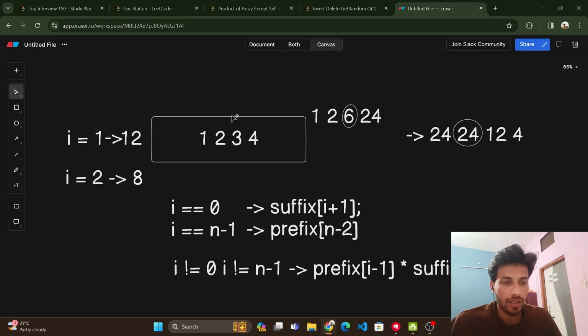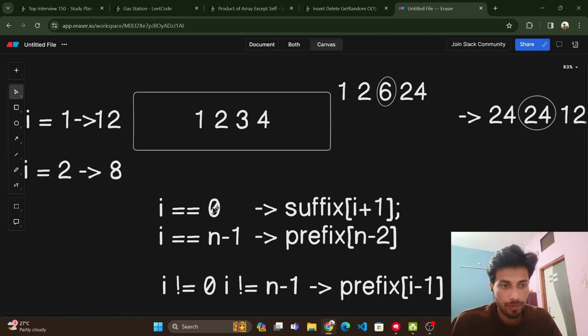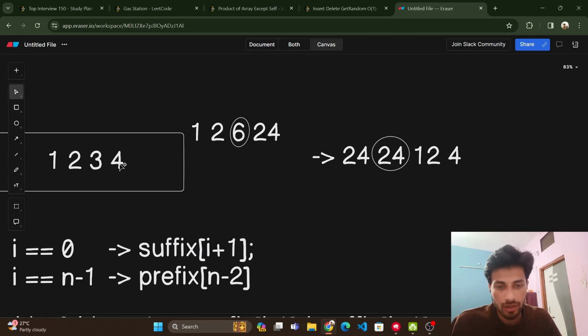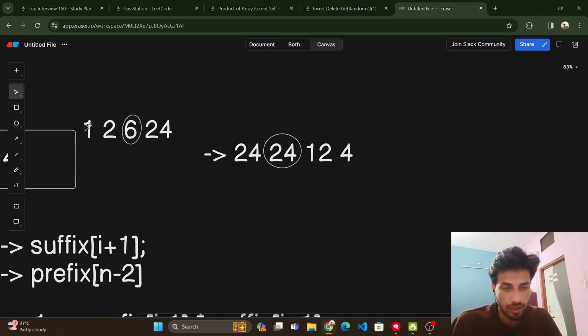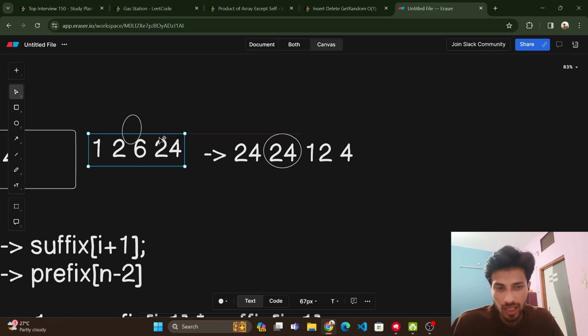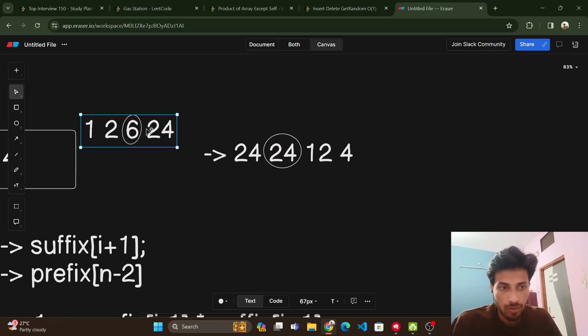Now tell me, if i is equal to 0, what could be the answer? We know that the answer is 24. In these two arrays, this is probably the right answer. Why?